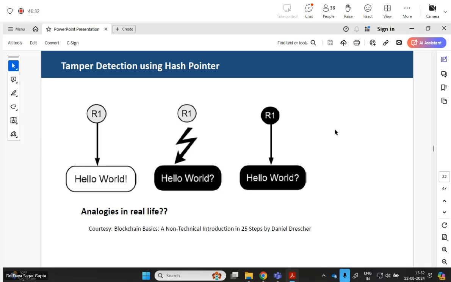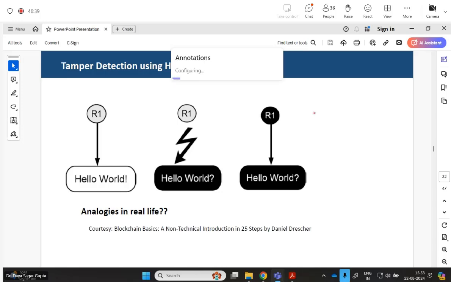Let us call this the message, hello world exclamation mark, and I have taken the hash function of this and I stored it here. Hello world with the exclamation mark is there, and I have stored its hash value as R1.